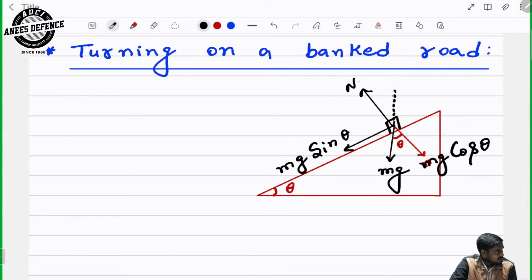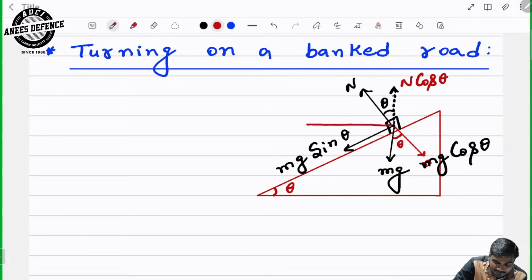What about the normal reaction? Mg will be balanced by n cos theta. The angle is theta, so this angle is also theta. So take the components: n cos theta will balance mg. Yes or no? Yes. And n sin theta is perpendicular to n cos theta.